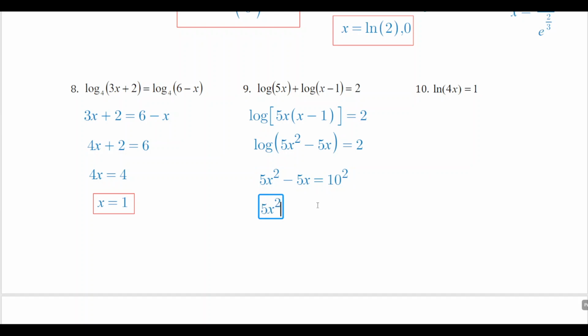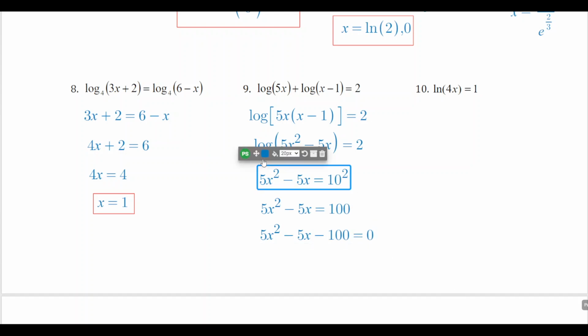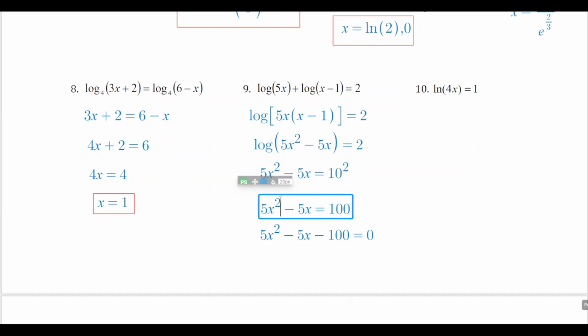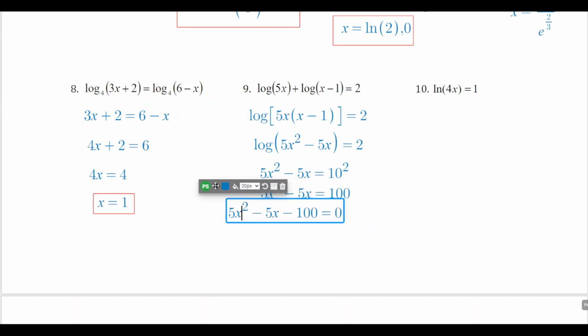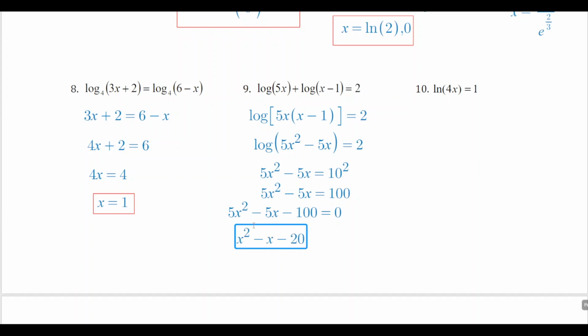I get 5x squared minus 5x minus 100 equals 0. I might need smaller text here because we still have a few more steps left. But I'm going to divide both sides by 5. And so that's going to give me x squared minus x minus 20, which is going to be much easier to factor.